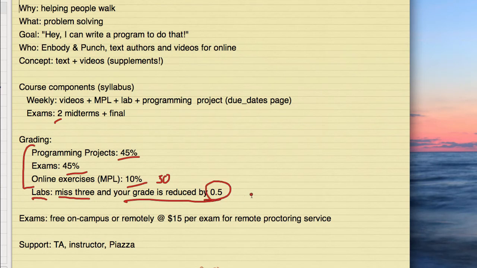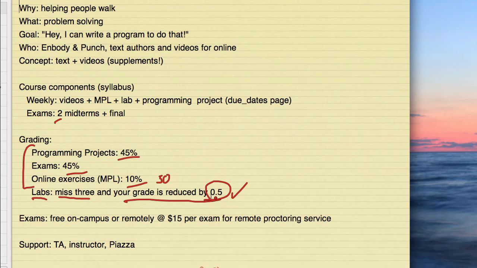So for example, suppose you actually missed 4. So your final grade would be reduced by 1. If you were going to get a 3-point, you would now have a 2-point. Right? So we expect you to do them all, and if you don't, we pull out a very big stick and hit you hard with that. Okay, so there's a severe penalty for not doing that.